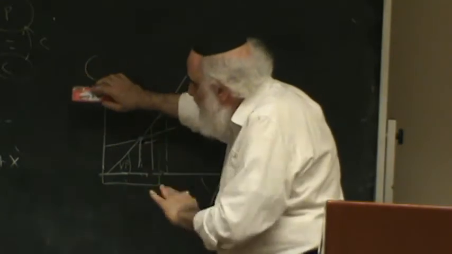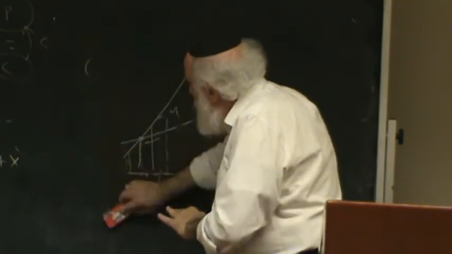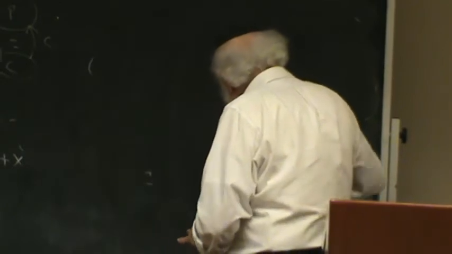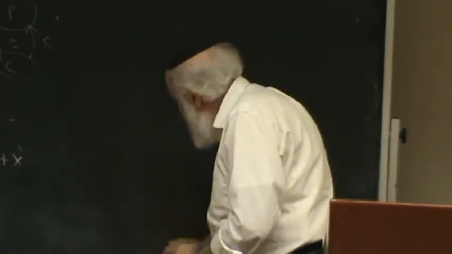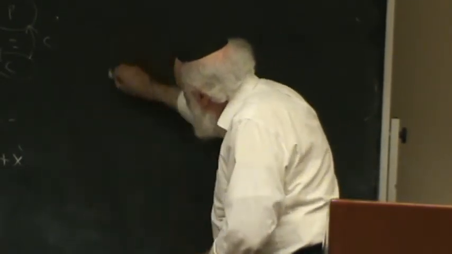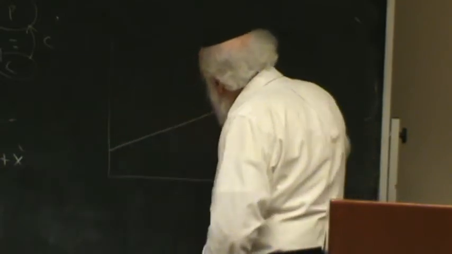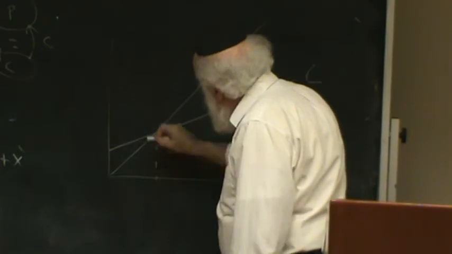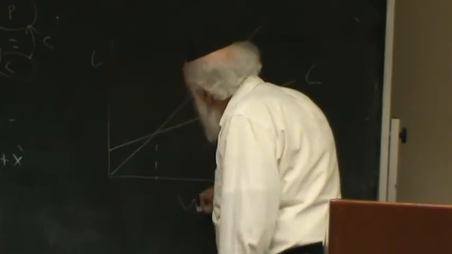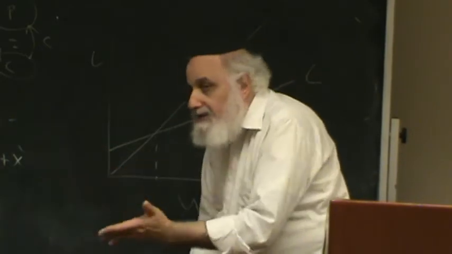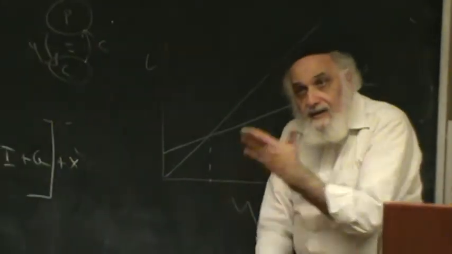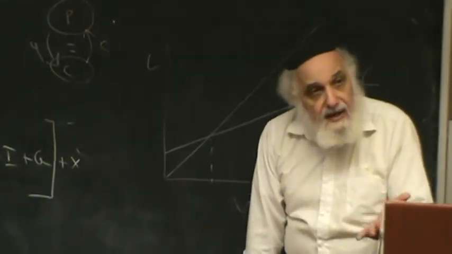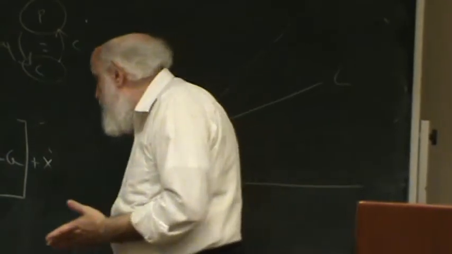Now let me just redraw this. We looked at this consumption line and Y equals C at the equilibrium, but we didn't complicate it with C plus I plus G. How do we do that?